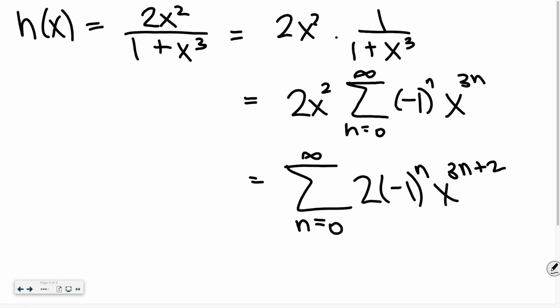So then we can squish it all together. I multiplied the 2 in. X squared times x to the 3n means we add our exponents. Algebra 1 coming in strong for us. Nick, what's our interval of convergence?